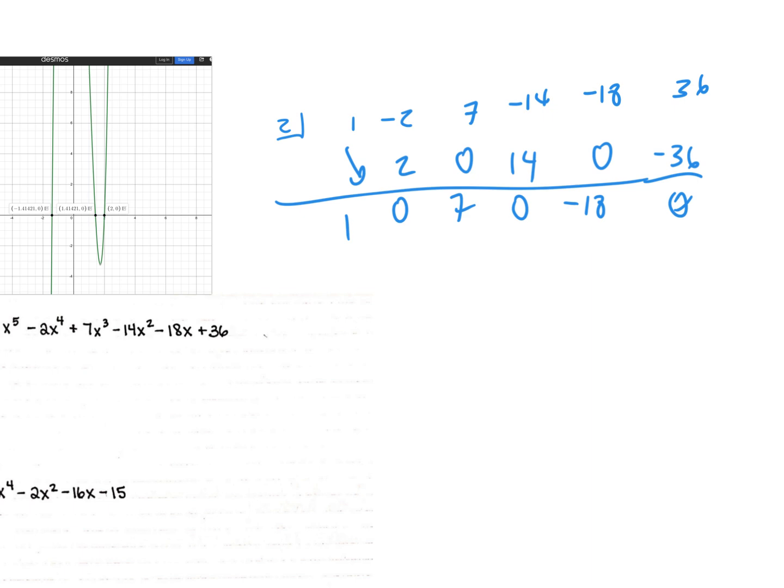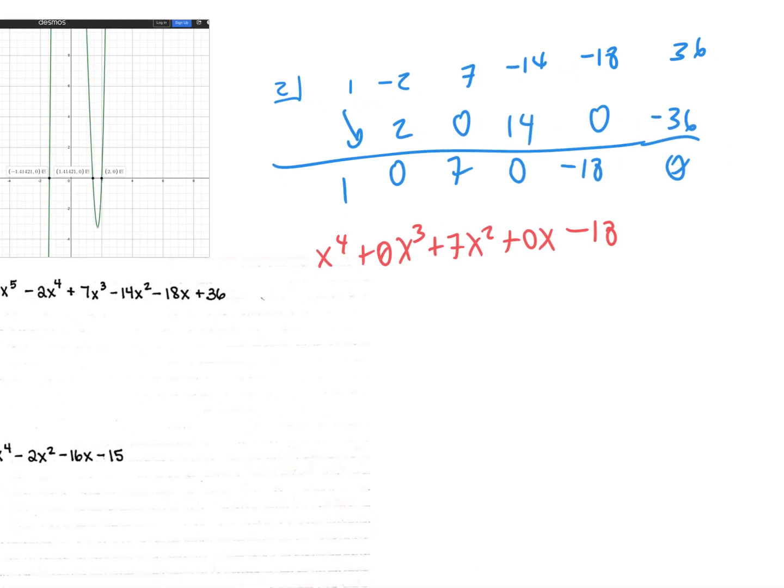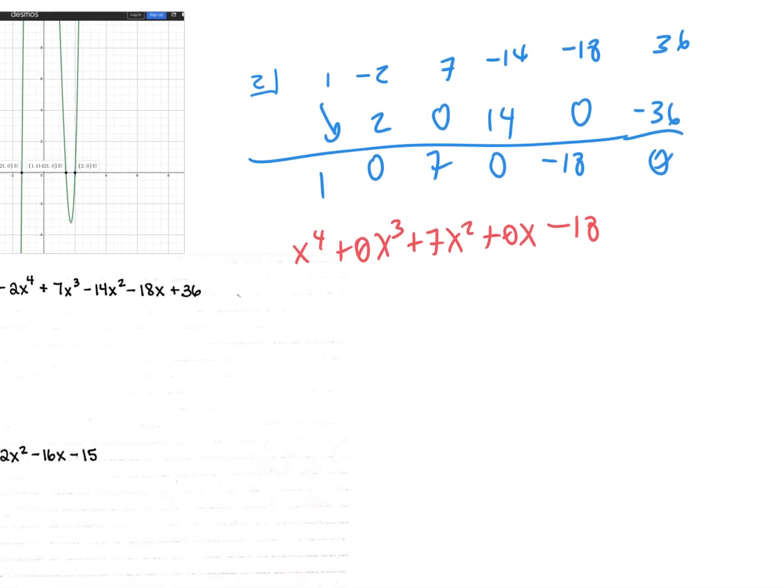And then we would have a 0. So this would be x to the fourth plus 0x cubed plus 7x squared plus 0x minus 18. And of course, that is just this.